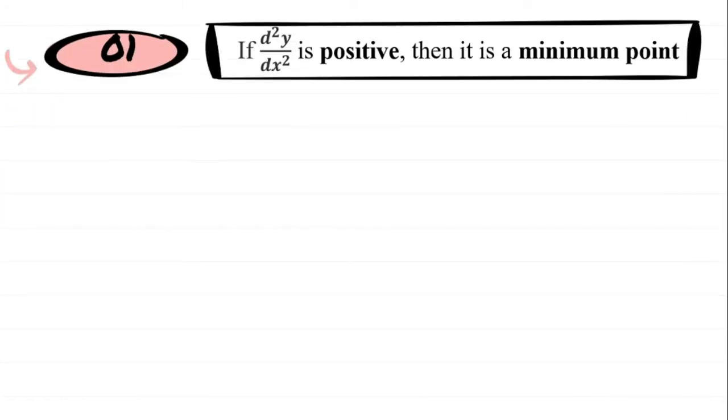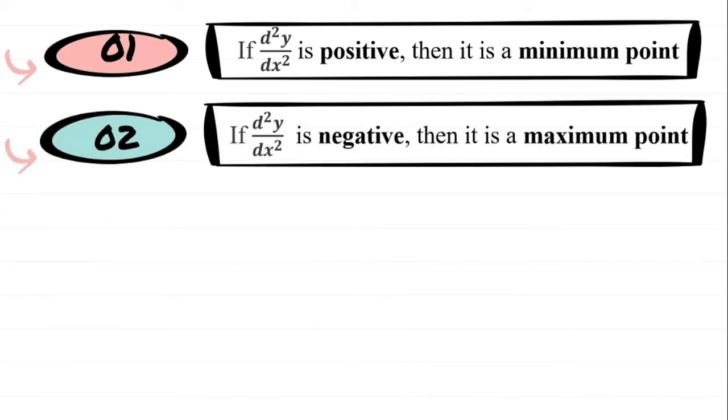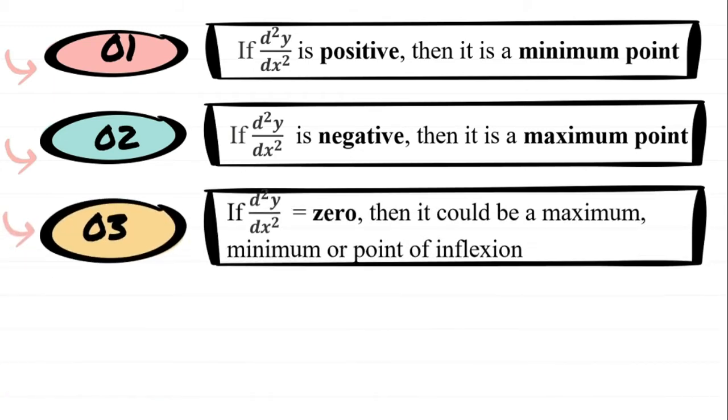First, if d squared y per dx squared is positive, then it is a minimum point. Second, if d squared y per dx squared is negative, then it is a maximum point.